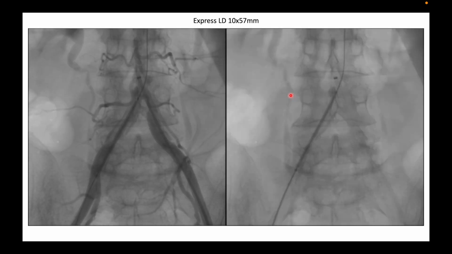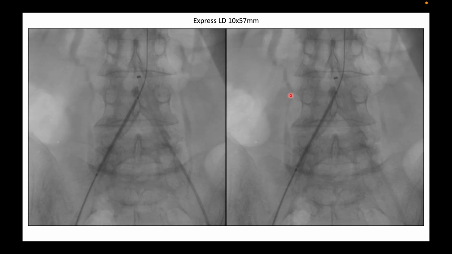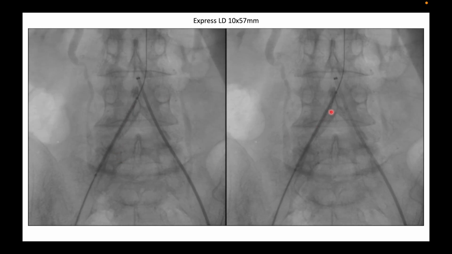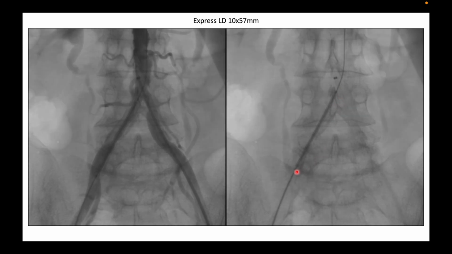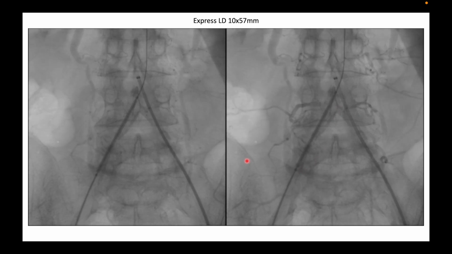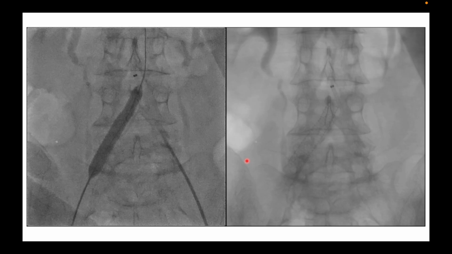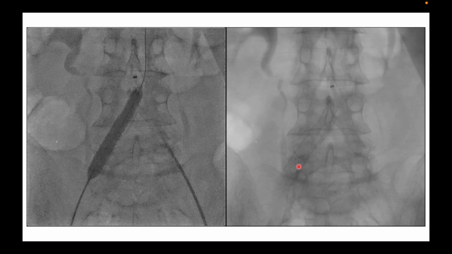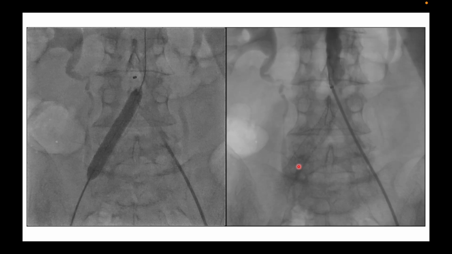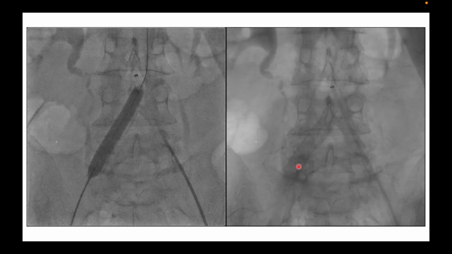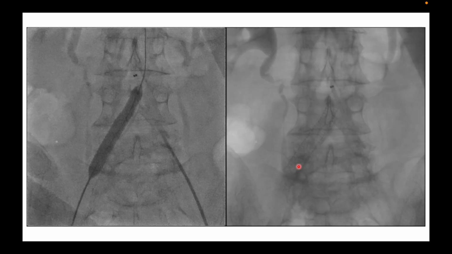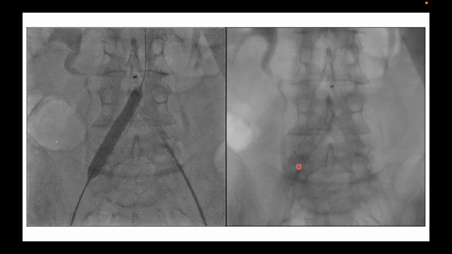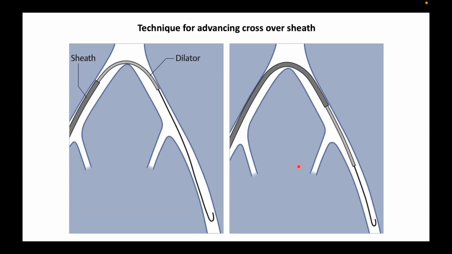This is Express LD 10x57 millimeter stent, again from Boston, that is being deployed, and you can see over here the stent is being positioned, and then that is the stent being deployed, and that's the final result. So not a significant pinch on the left common iliac, and therefore left alone.